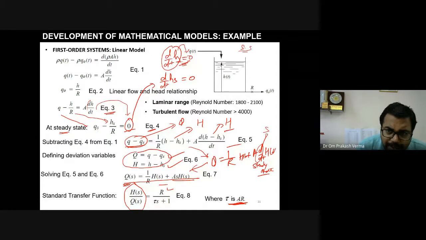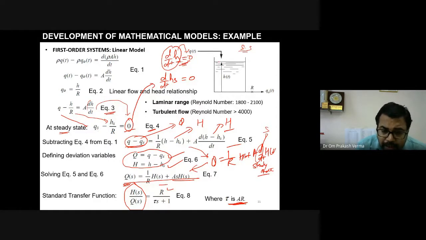If a single tank is given, then it represents a first order system. Now we will see what happens when the number of tanks are connected in different fashion.